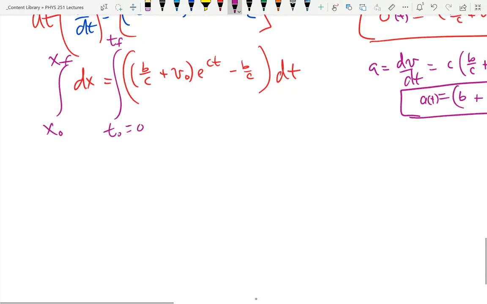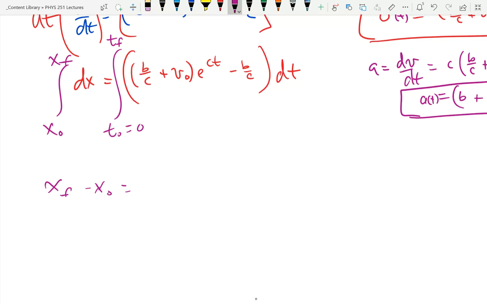Left side is simple: X final minus x initial equals. The right side, we've already done this integral effectively. We did it in the first problem example. Integral of e to the ct is e to the ct divided by c.